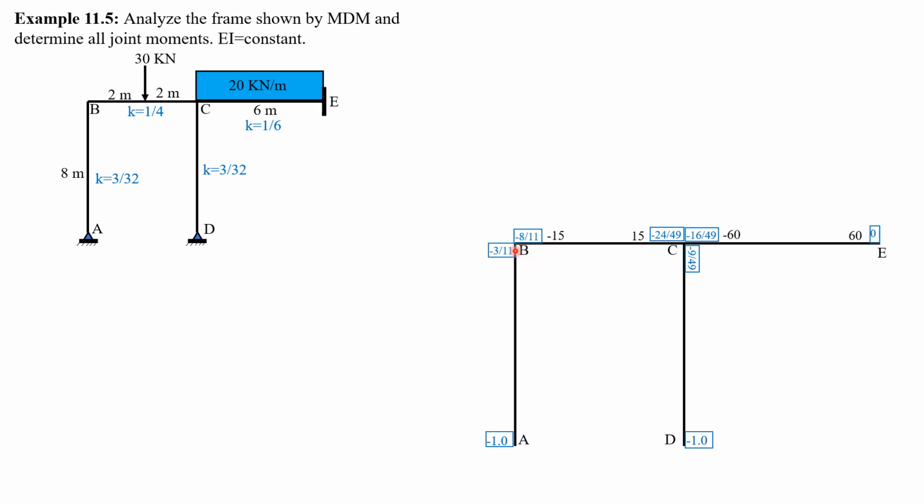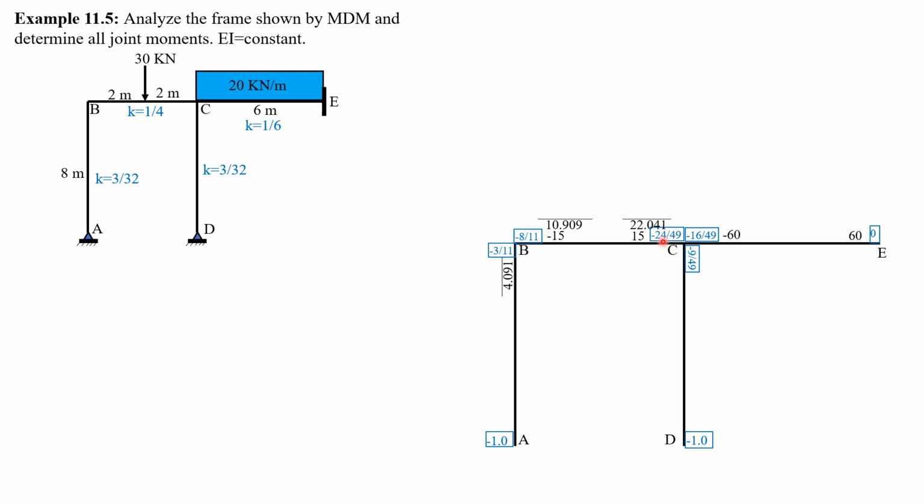Negative 15 times negative 8 over 11, it is 10.909. We lock it partially. Then negative 15 times negative 3 over 11, put the value here, 4.091, lock partially. Quantity 15 minus 60, negative 45, times negative 24 over 49. Put the value here, partial lock 22.041.